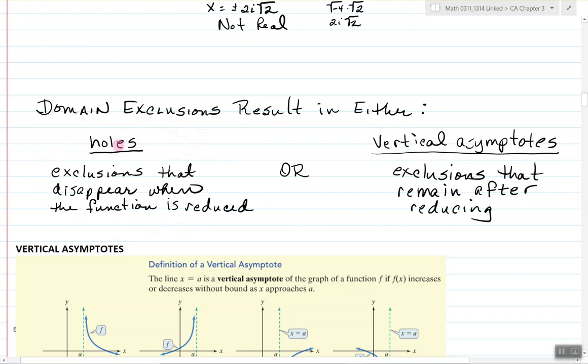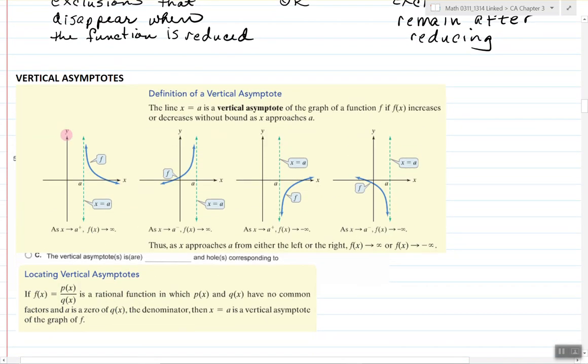There are holes in the graph. The other is you get what is called, and this might be a new word to you, vertical asymptotes. These occur when the exclusions remain after factoring. So let's focus first on the vertical asymptotes, and let's define them.